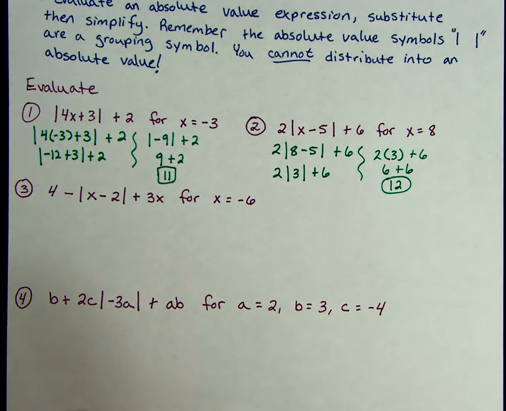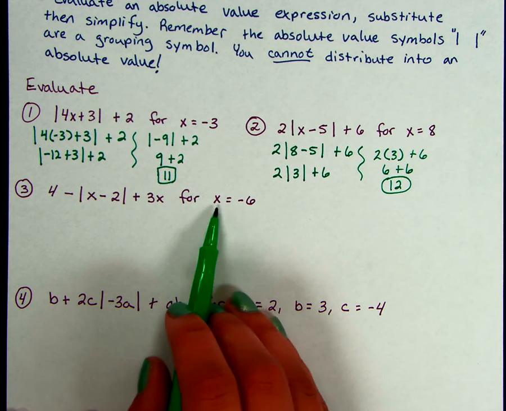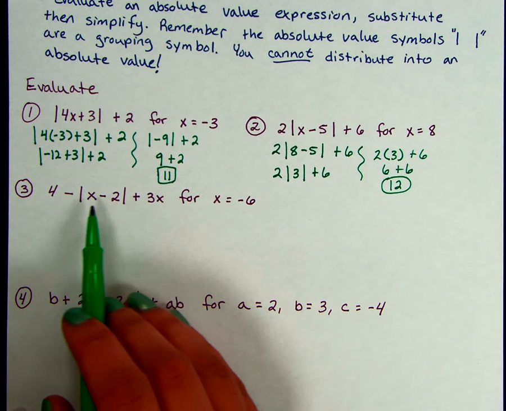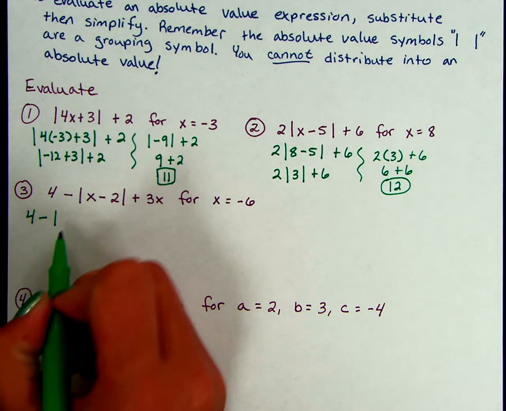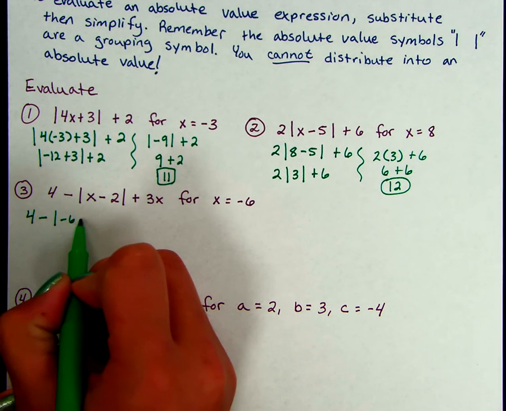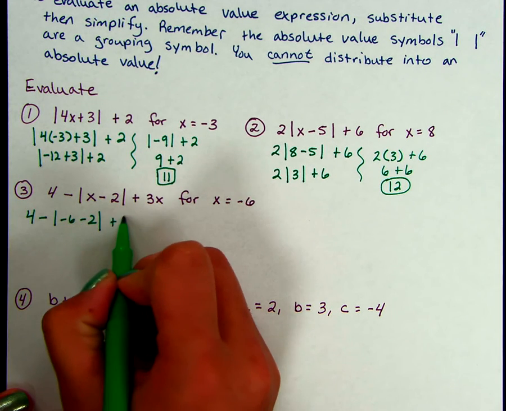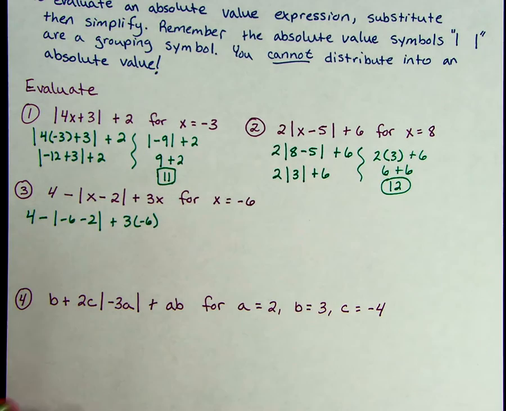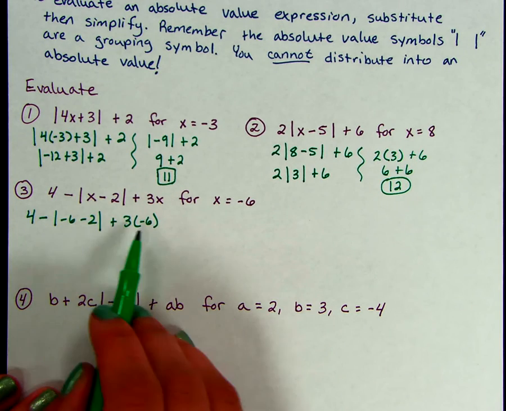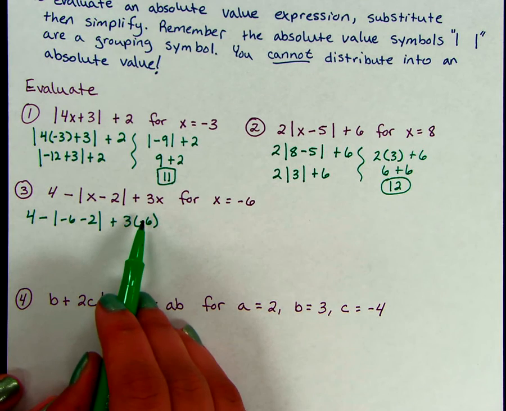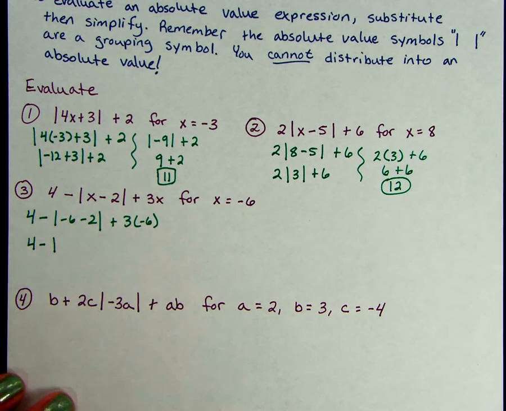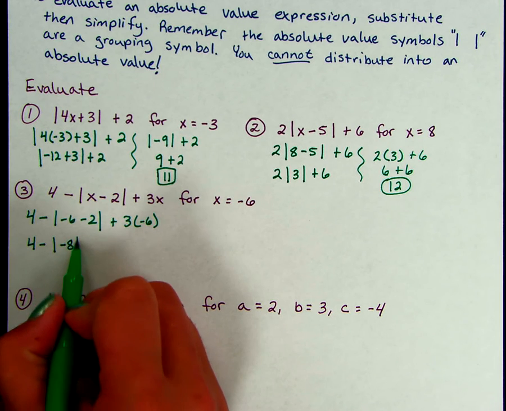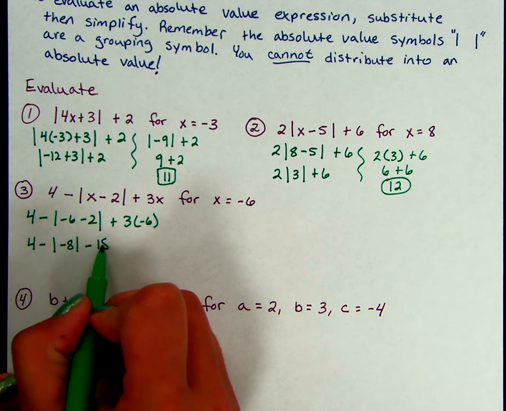All right, next one. Again, we are substituting in -6 for all the x's, and this time we have 2. So 4 minus the absolute value of -6 minus 2 plus 3 times -6. So we're going to start inside the absolute value and combine those, and then we can also multiply this together at the same time. So 4 minus absolute value of -8 minus 18.